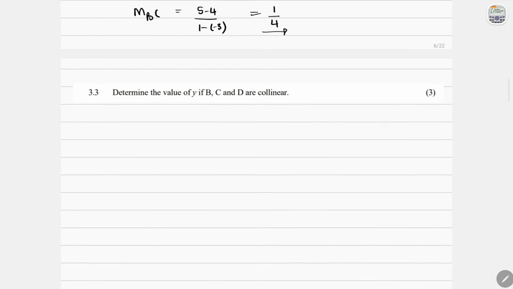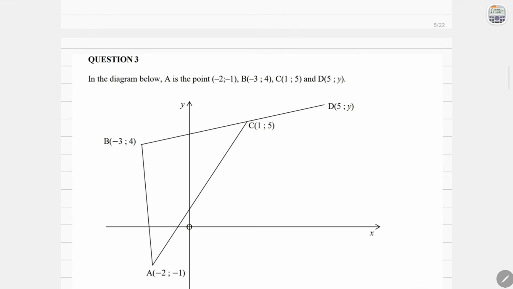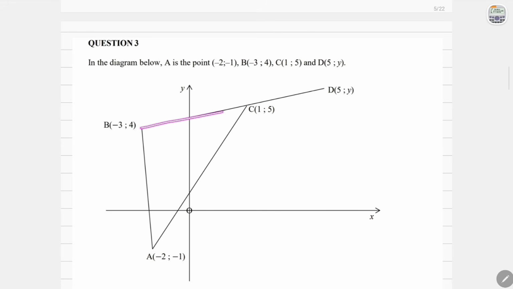Then question 3.3 says, determine the value of y if B, C, and D are collinear. So they're collinear, meaning they lie on the same line. If they lie on the same line, then the gradient would be exactly the same, because this is one line. So the slope is exactly the same all through. How we can find y, it's just one missing value.